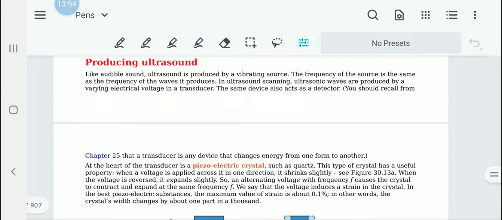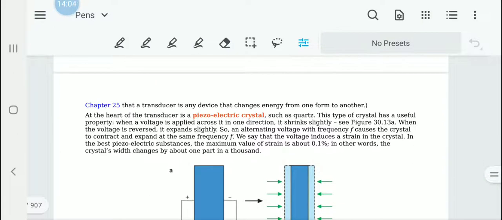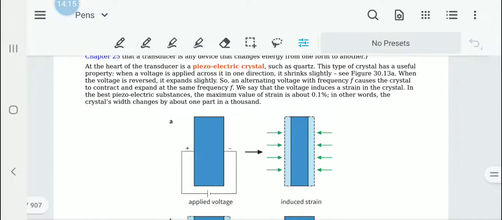A transducer is any device that changes energy from one form to another. That is something that you have learned earlier. Now in the middle of this transducer is a piezoelectric crystal such as quartz. This crystal acts as one of the most important applications here.